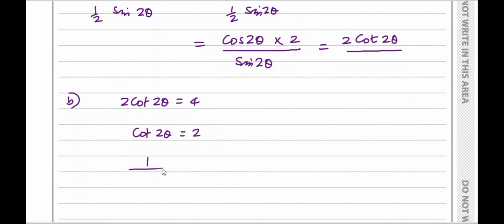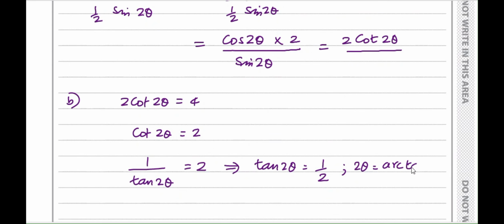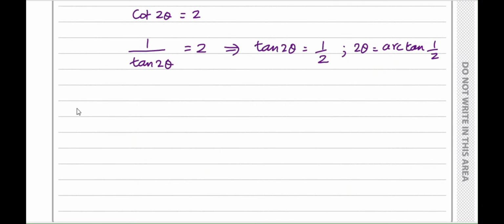Hence, 1 over tan 2 theta equals 2, leading to tan 2 theta is equal to half. Hence, 2 theta should be equal to arc tan half.